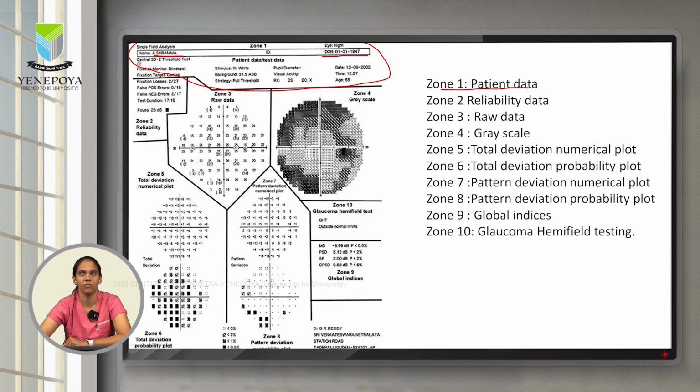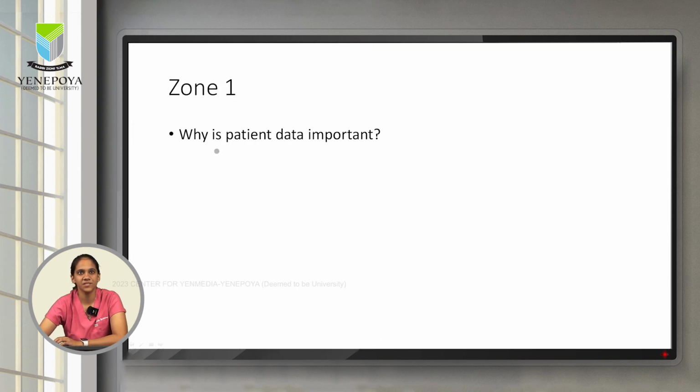You have what kind of testing strategy it is. We talked about testing strategies just before this. And then where is the fixation point, what is the fixation target, what is the size of the stimulus, background illumination, what strategy you are using, pupil diameter, all of this information is there in zone 1, and all of this is equally important. Why is zone 1 important?